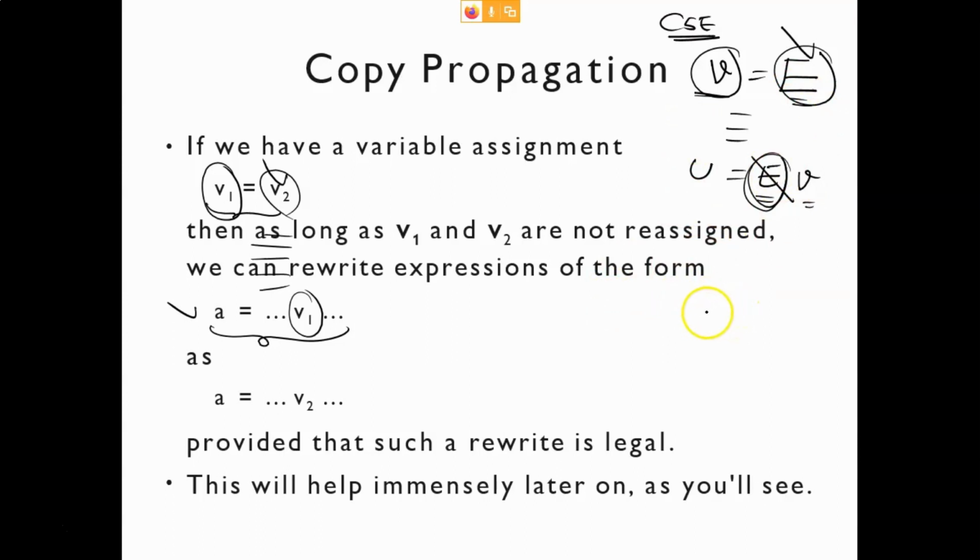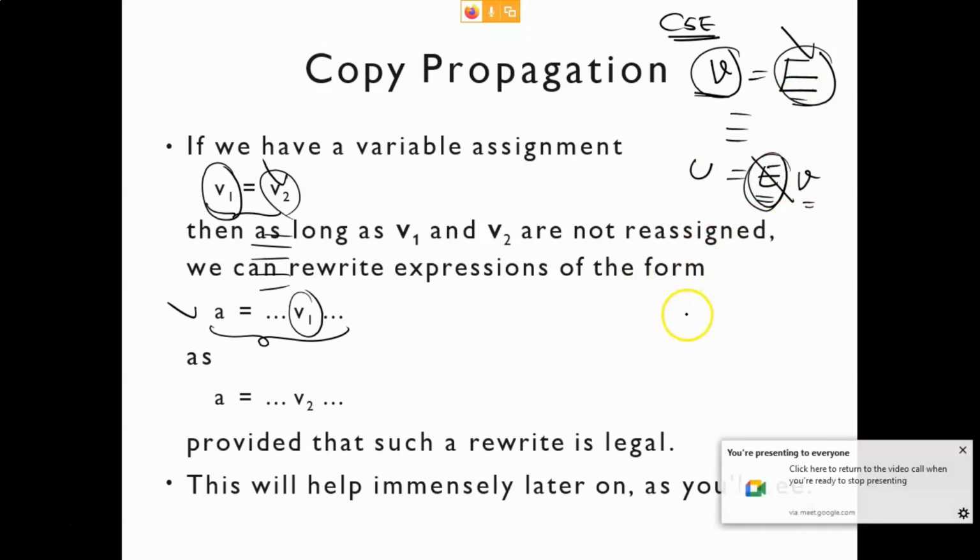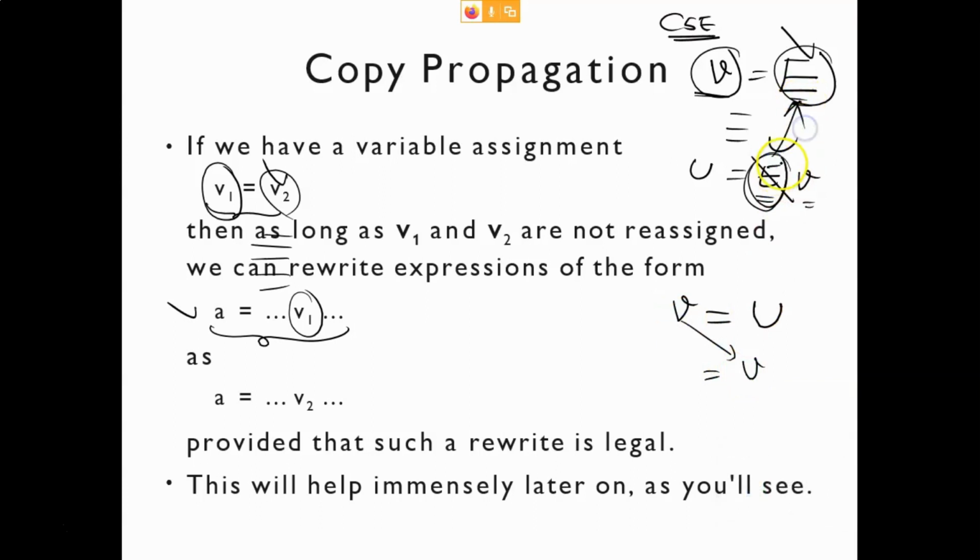But in copy propagation, what do we do? In copy propagation, we do like this. Let's assume there is a variable v here and there is some expression here, either expression or variable. So you have a variable v here and we have another variable u here. Now after some time, you have this variable v here. Can you see the difference? Here both the things are expressions, but here we have this type of scenario.